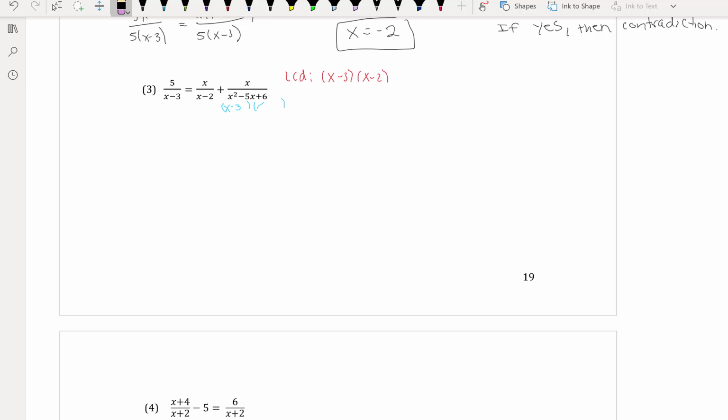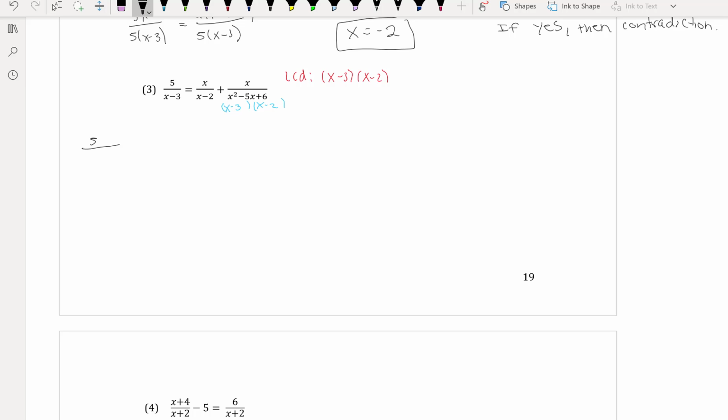I do apologize there. That should have been an x minus 2 because -3 and -2 gives me -5, and -3 times -2 is equal to +6. So it's the same factors as the other two fractions, which is really nice. So now I'm going to multiply top and bottom by what's missing for each individual fraction.